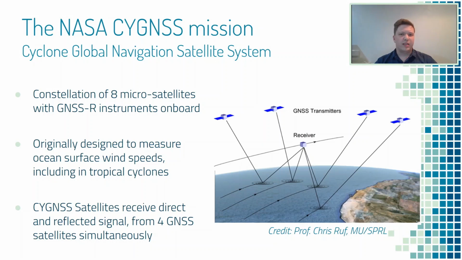And if we look at this diagram on the page, we can see an example of a Cygnus receiver orbiting around the Earth, and we can see how the receiver detects reflected signals from 4 GNSS transmitters simultaneously. The receiver can also receive GNSS signals directly from the transmitters themselves, and thus we can compare the direct and the reflected signal strengths against each other to determine the change in signal due to the reflections, which allows us to derive these surface properties.